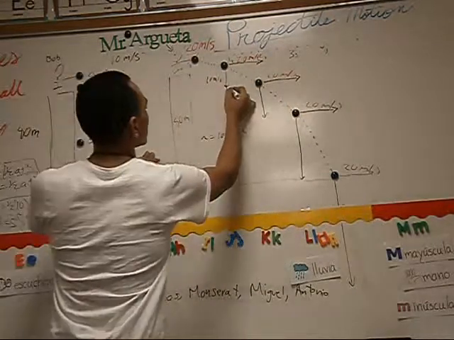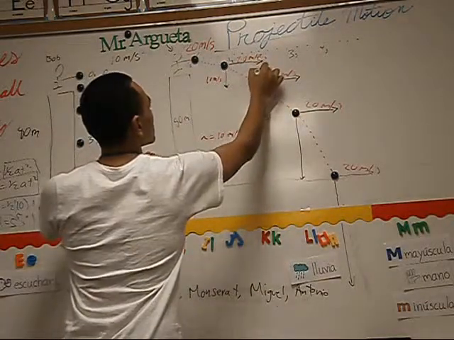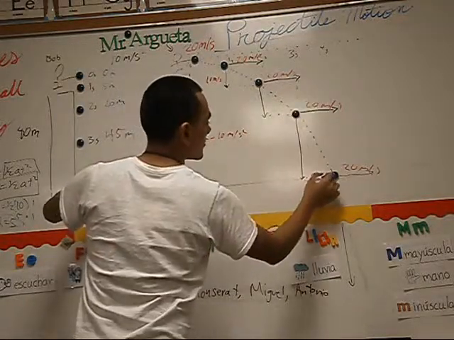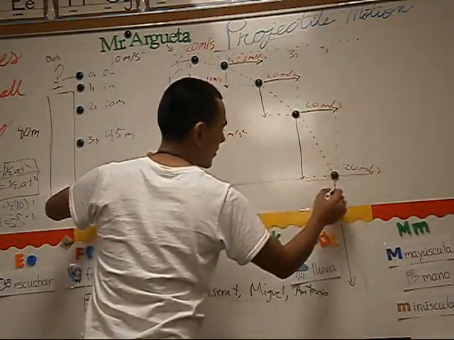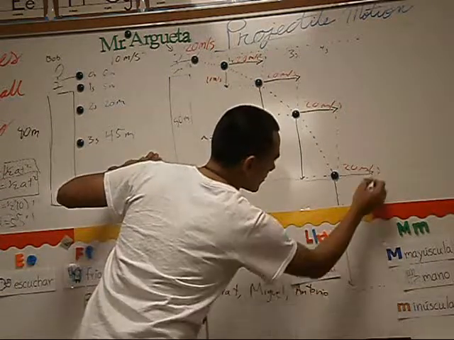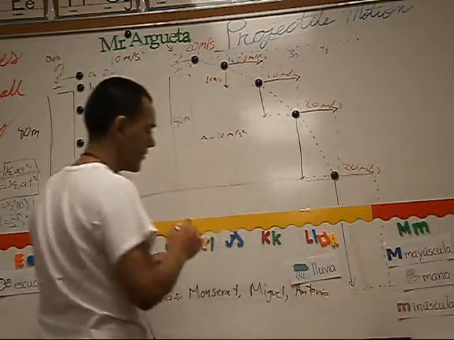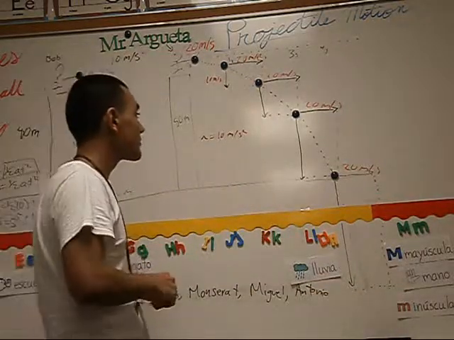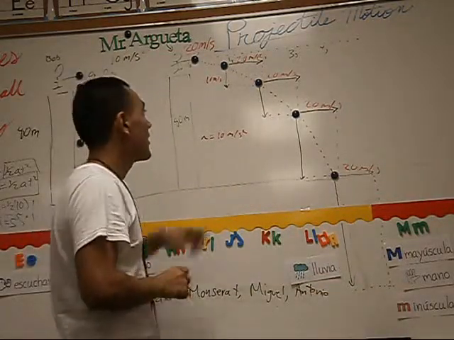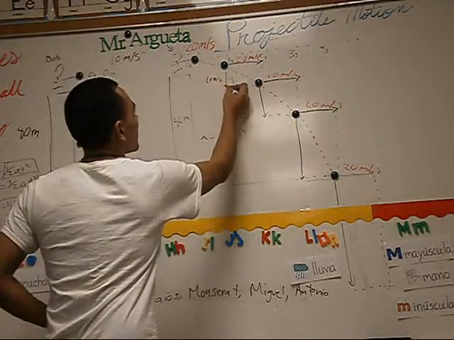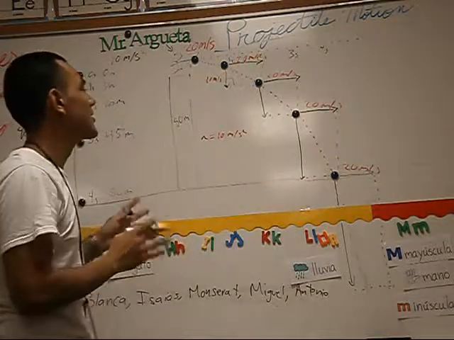Trying to figure out the resultant. Now right here is a right triangle.